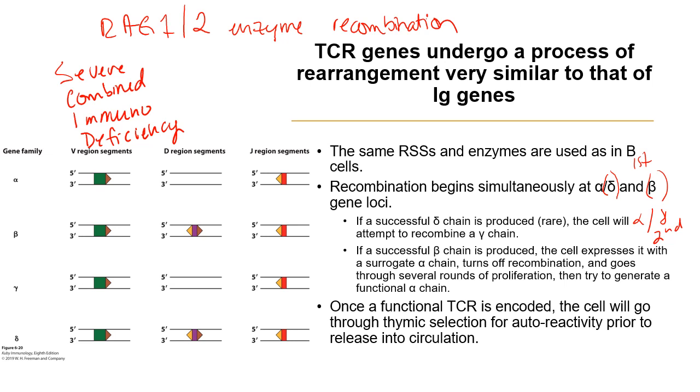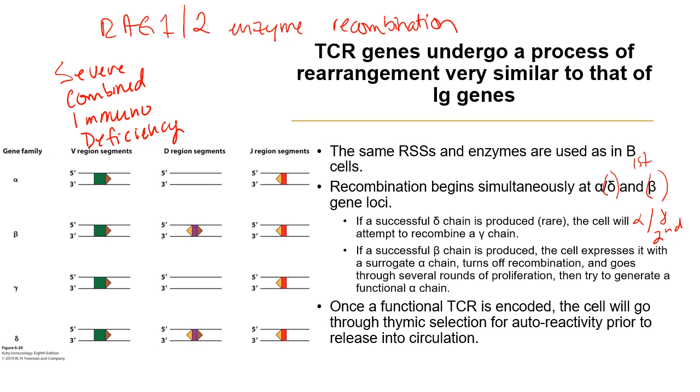If the cell is actually successful at making a beta chain, since most of our T cells are alpha beta T cells, let's talk about those first. If the cell is successful at making a beta chain, it will go ahead and stick that on the surface, just like the B cells did with the heavy chain. It will use a surrogate alpha chain, just like B cells used a surrogate light chain.